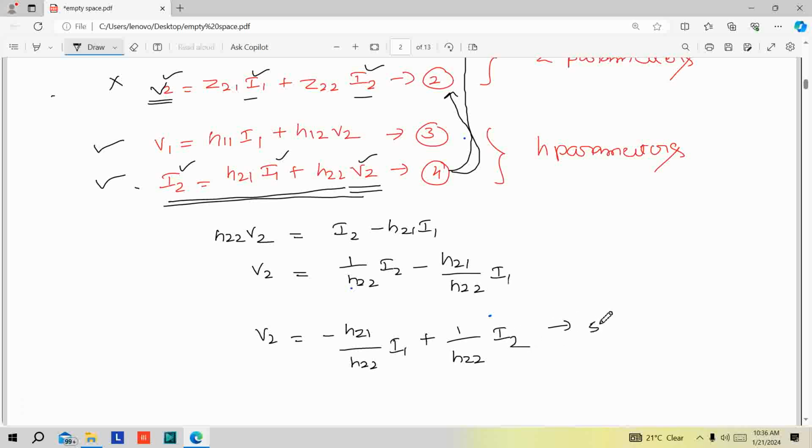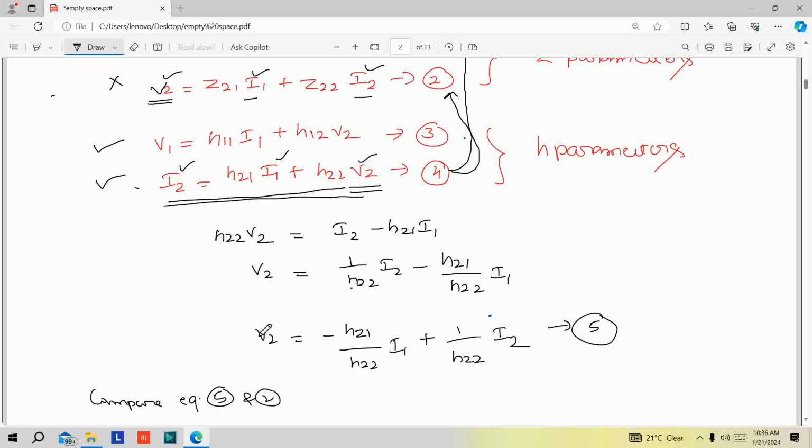Call it equation 5. Compare equation 5 and 2.